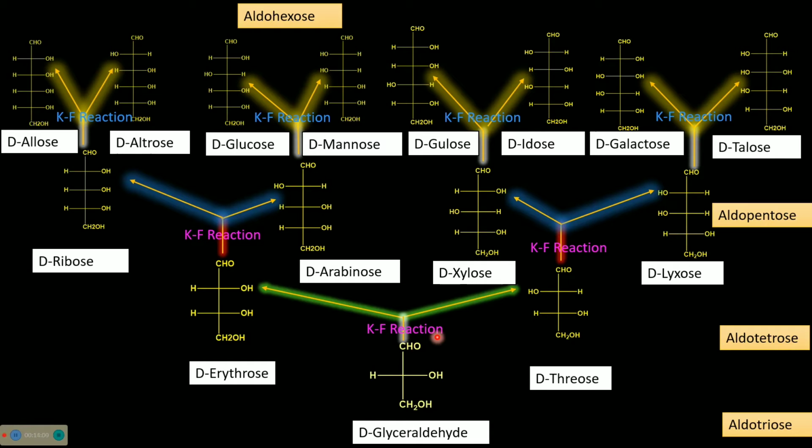Just remember the way I am trying to say. The Killiani-Fischer reaction is a reaction in which, when we perform it on any aldose, we get two higher homologues of the aldose. This means if the Killiani-Fischer reaction is performed on an aldotriose, then we will get two higher homologs, aldotetroses.